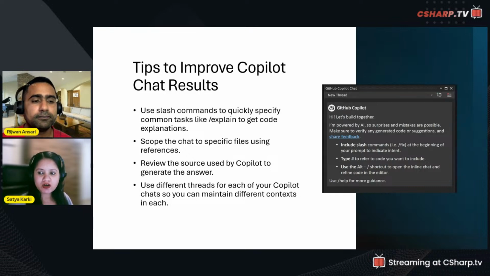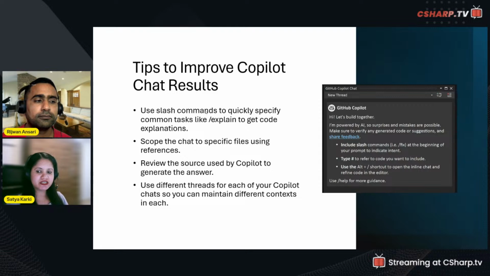We can use the Alt plus slash shortcut to open the inline chat and refine the code in the editor. For help, we can use slash help for more guidance if you need anything in your program. Additionally, we can review the sources used by Copilot to generate the answers.